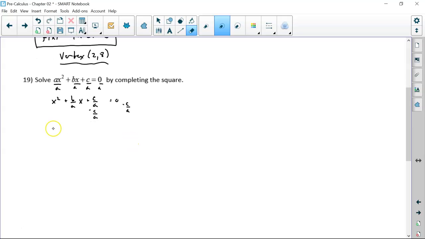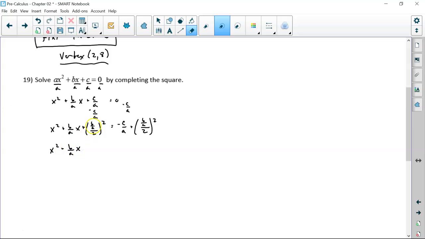Like I said, just watch. x squared plus b over a times x equals negative c over a. So what I'm going to be doing is adding, just like before, the middle term, in this case b over a, divided by 2, squared.